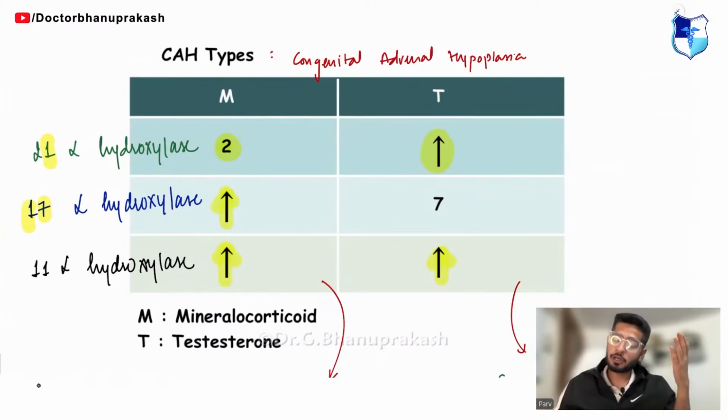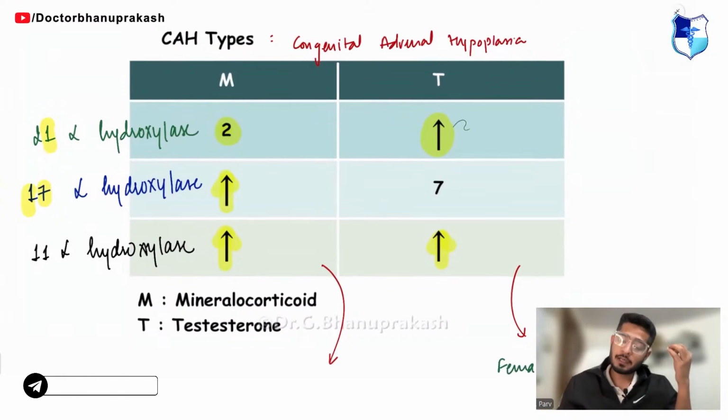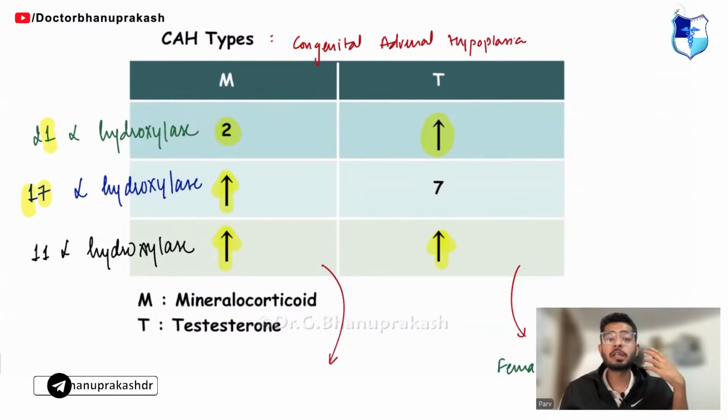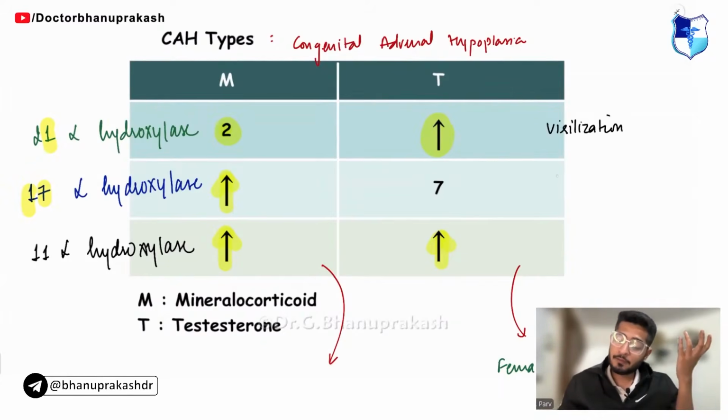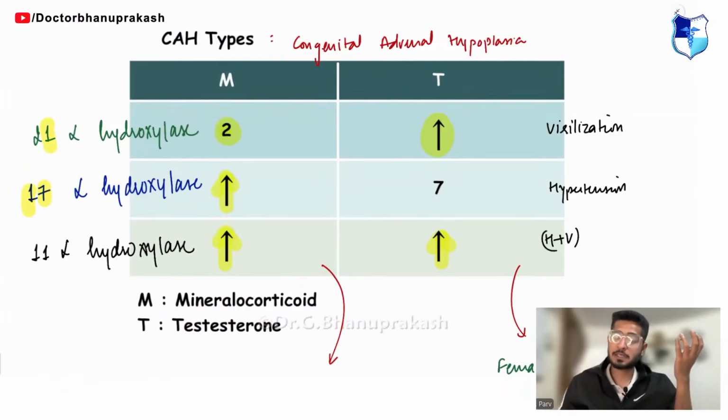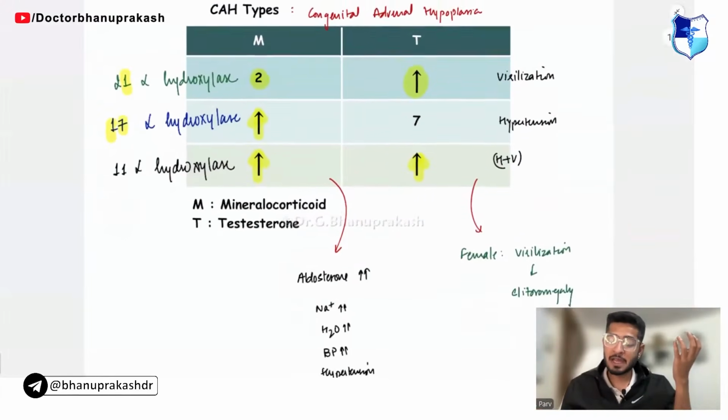In mineralocorticoid increase, you will have increase in testosterone only. So 21 alpha hydroxylase has only virilization symptoms. In 17 alpha, only hypertension. In 11, hypertension plus virilization. I have told you how to remember this.